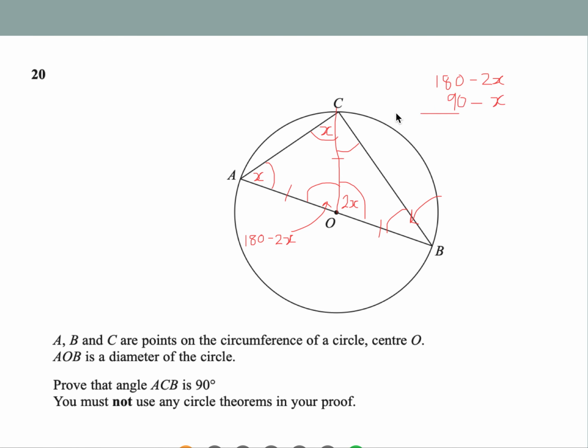So this is 90 minus x, this is 90 minus x. So, well, angle ACB is those two angles added together, isn't it? It's x plus 90 minus x. So ACB equals x plus 90 minus x, which just equals 90. And there we go.